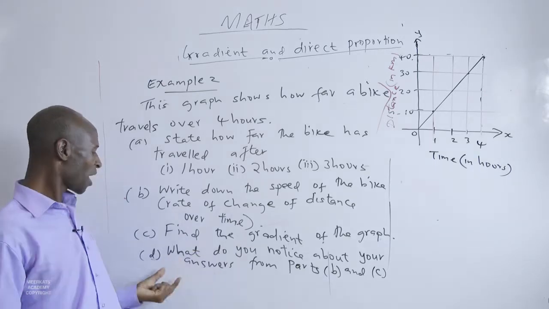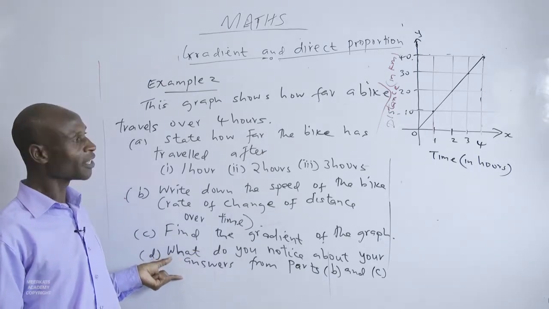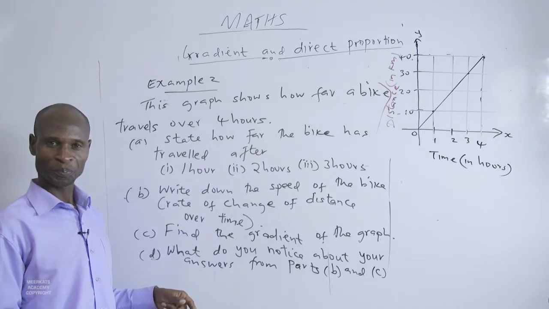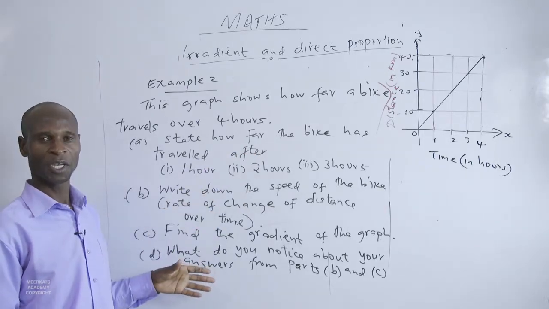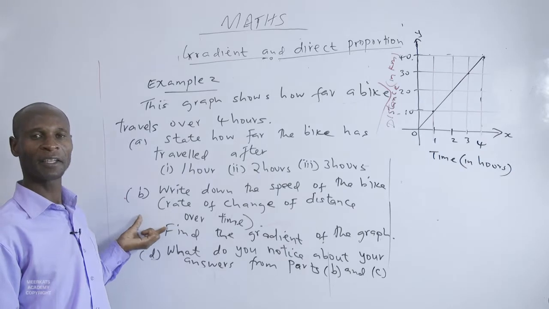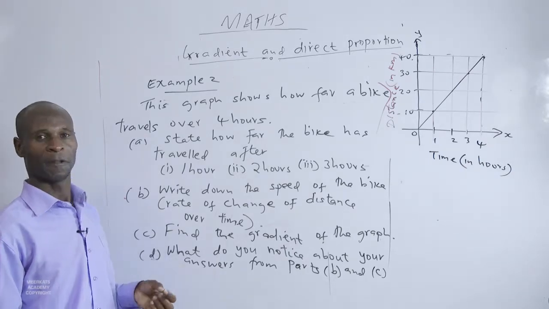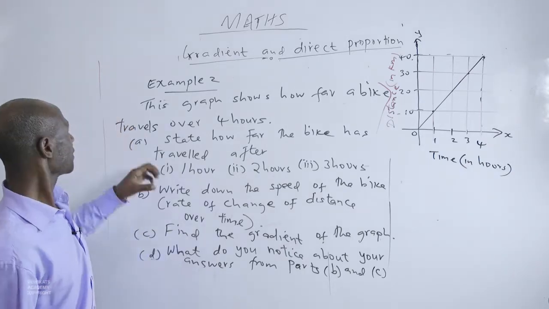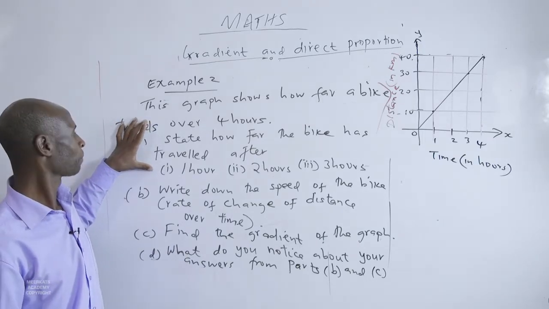So we shall be able to make our conclusion once we have done the calculations. We shall do the comparison after having done the calculations. Now, let us start by solving part A.